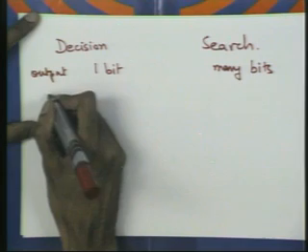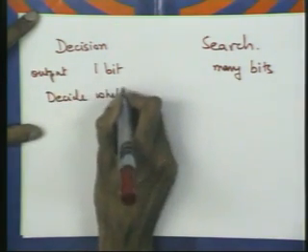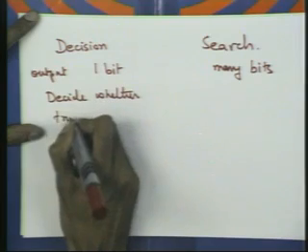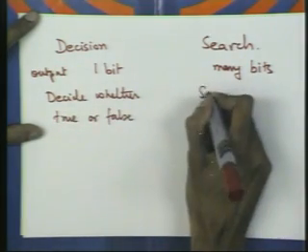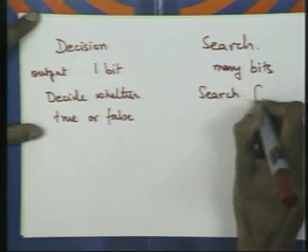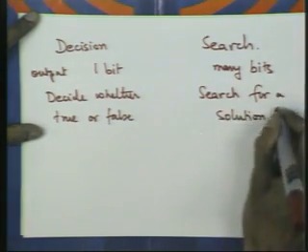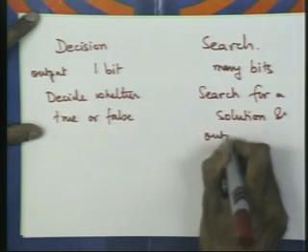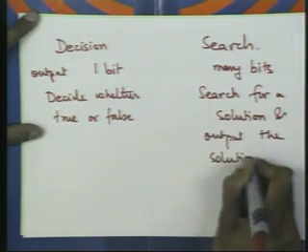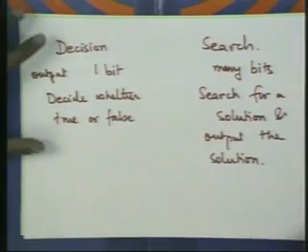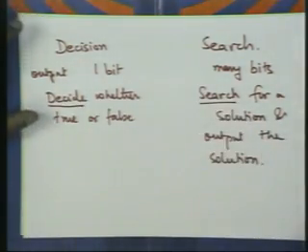So here you want to decide whether true or false. Here you want to search for a solution and output the solution. Okay, I guess that's why these are called decision and these are called search problems.